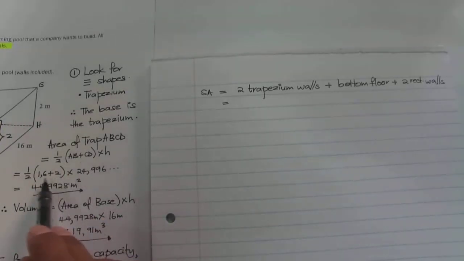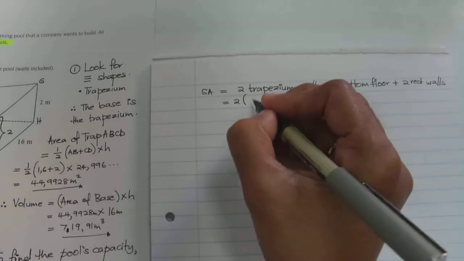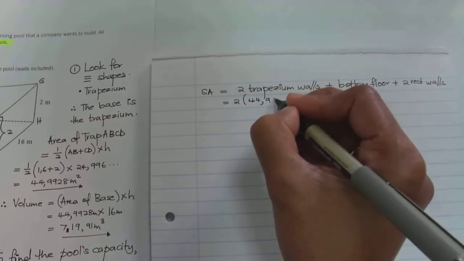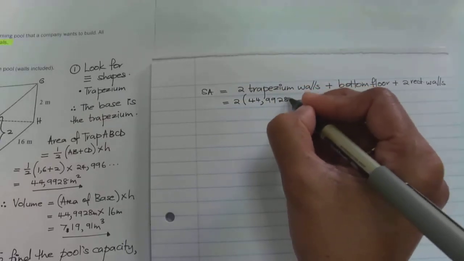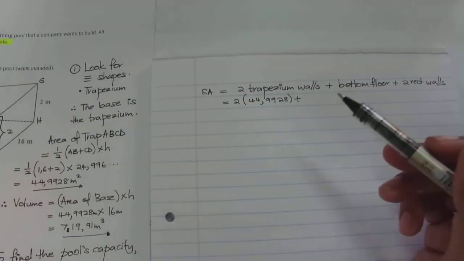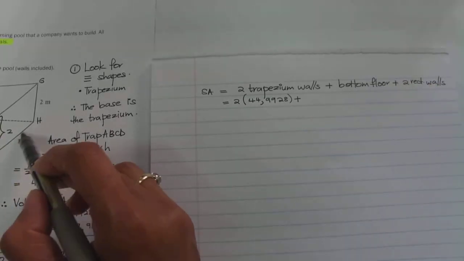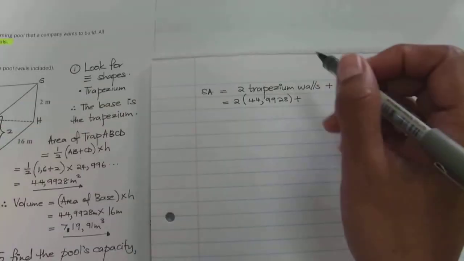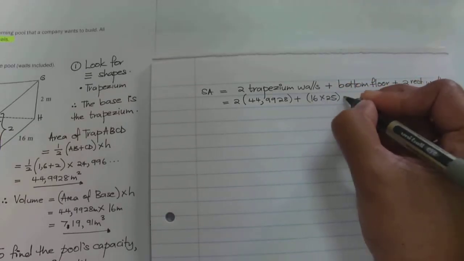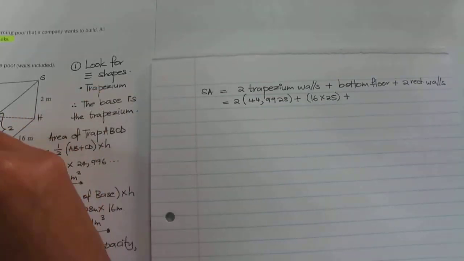That's the area of one wall, so the area of the two walls would be 2 times that answer there: 2 times 44,9928, plus the area of the bottom floor, that's a rectangle, so it'll be 16 by 25, plus this rectangle here, that is 2 by 16.